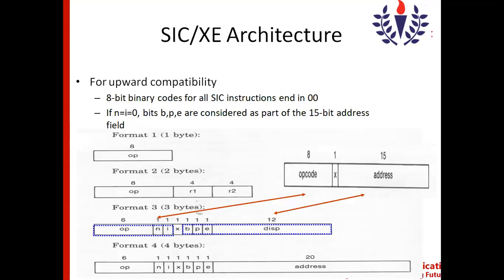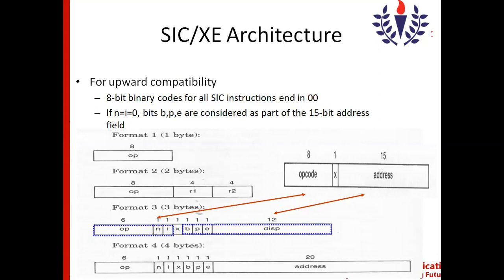This slide represents how instruction format 3 is framed from the instruction format in SIC. If you look at the SIC instruction format, the fields are almost similar in format 3 also. Only, instead of 8 bits, it became 6 bits for the opcode, and the two bits have become n and i.